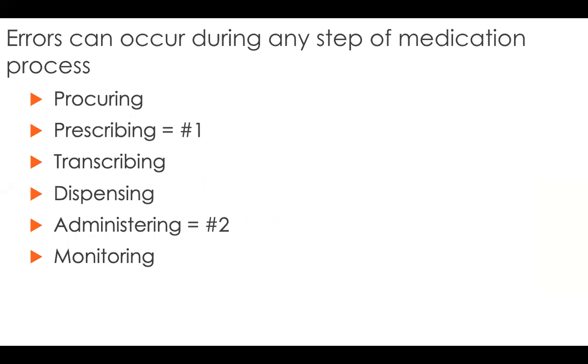Administering the medication is the number 2 place that errors occur, and that is 100% going to be you. Errors can also occur while transcribing a medication order, dispensing the medication, and monitoring.